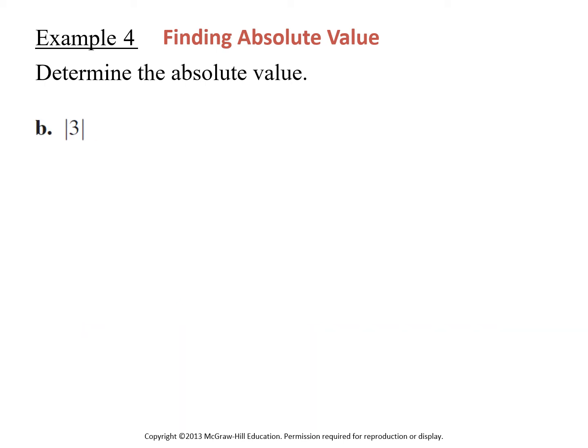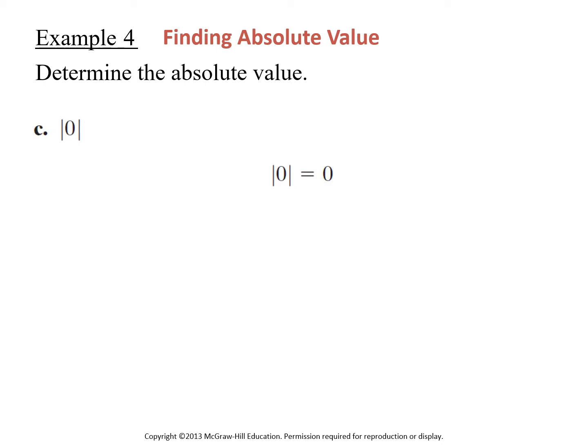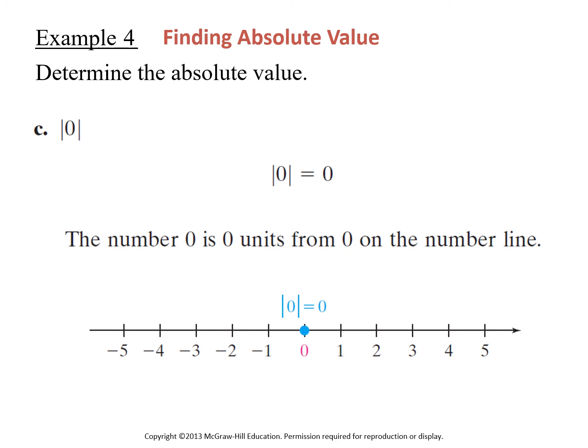The absolute value of 3 is 3. If you look on the number line, the number 3 is 3 units from 0. The absolute value of 0 is 0, and remember that 0 never gets a sign. 0 is 0 units from 0.